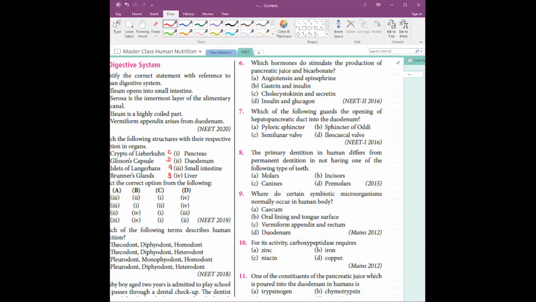I'll give you the options: first, gastrin; second, secretin; third, cholecystokinin; and fourth, GIP, gastric inhibitory peptide or enterogastrone. Rishik is also right. It is secretin and cholecystokinin. Both of them are going to work.